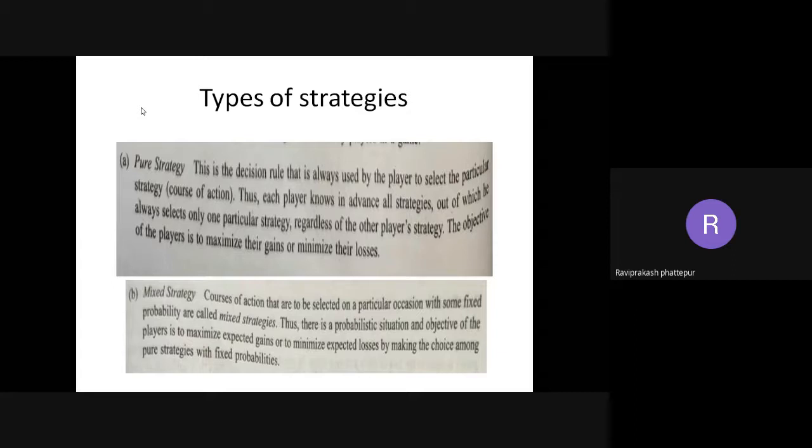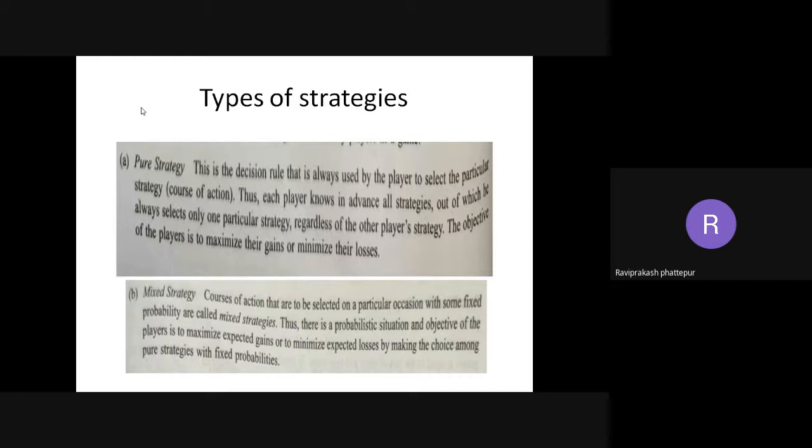What this means is there are two people and both know the different options available to both. But one person only uses one strategy. He will not change the strategy based on what the other person or the competitor is doing. He is not bothered about that, he is using only one strategy. So that is called a pure strategy.